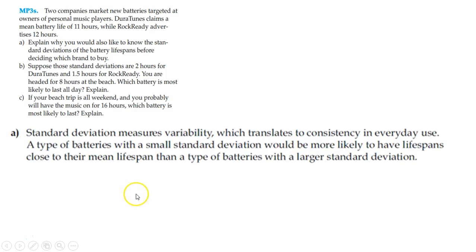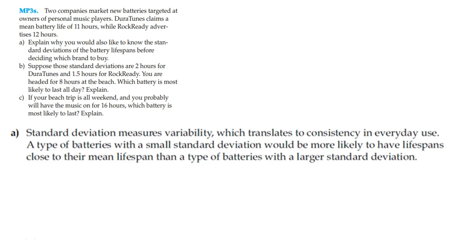So taking a look at this, it says standard deviations measure variability, which translates to consistency, right? A battery type with a small standard deviation would be more likely to have lifespans closer to the mean. So if I know the standard deviation is small, I can be fairly sure my battery life is pretty close to their average.